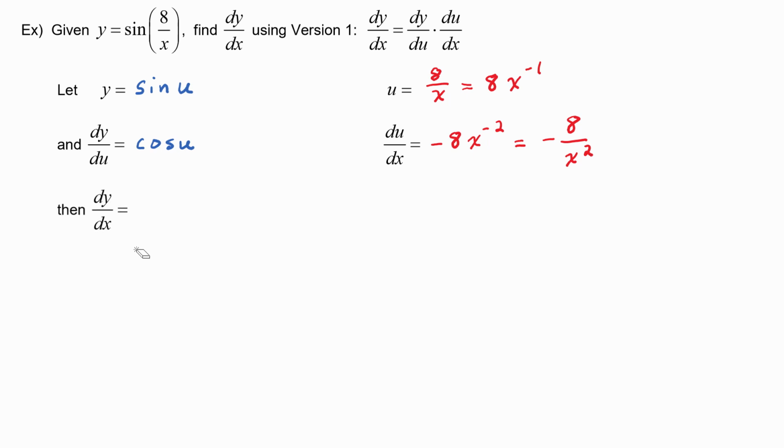Then dy dx is going to equal dy du times du dx. So this will equal the cosine of u times du dx, which is negative 8 over x squared.